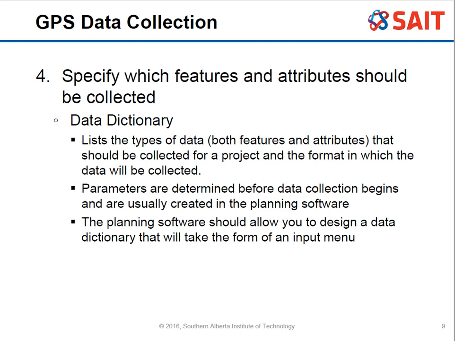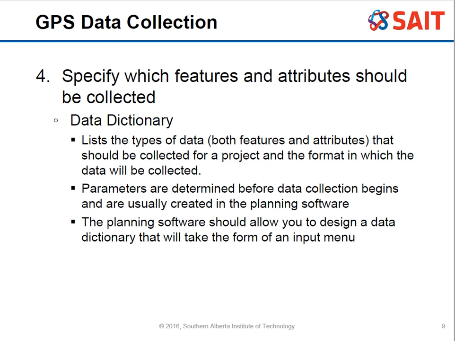So this is where the data dictionary comes into play. In your assignment 2, I think, it had a data dictionary. What a data dictionary does is it lists the type of data, both for features and attributes, that need to be collected and the format in which the data should be collected. Then you need to know what the parameters are.